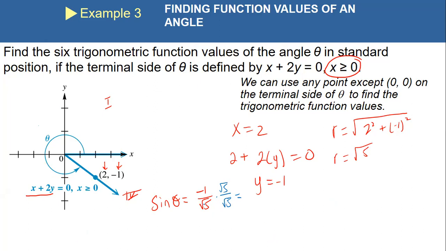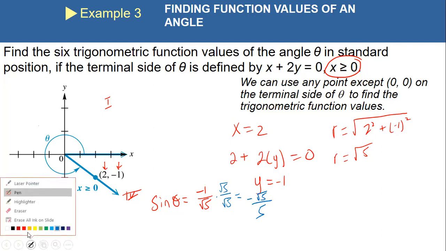And what we're left with is a radical times itself sets itself free. So we're left with the negative square root of 5 over 5. And that would be our sine theta. Okay? So we can't have a radical in the denominator. We have to multiply by whatever that radical is to the numerator and to the denominator. Did we get it?